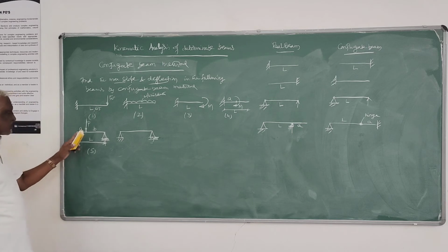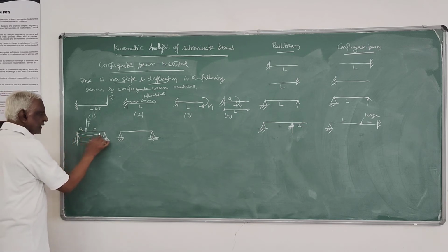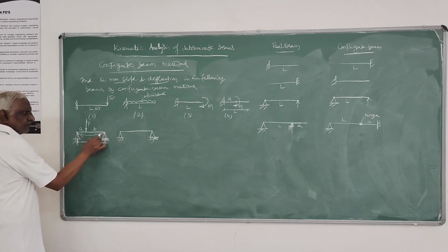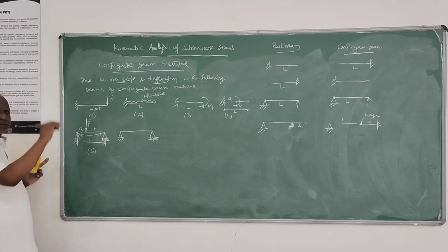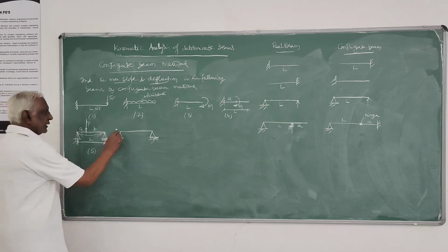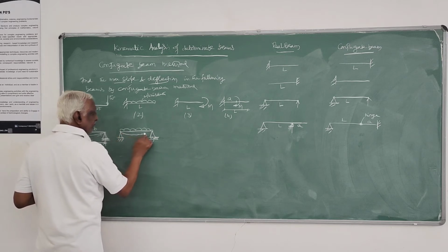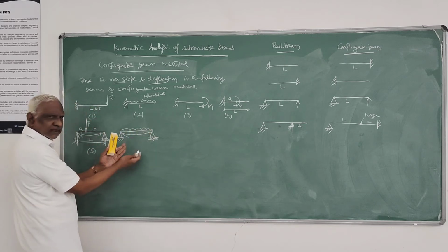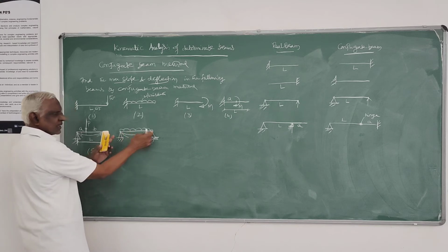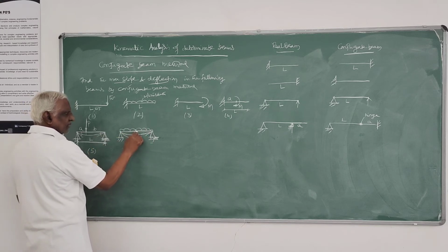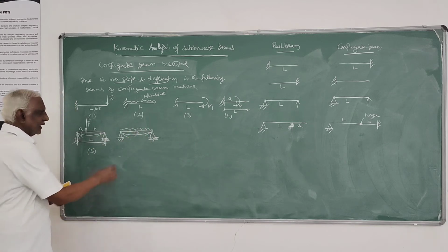Here the maximum slope occurs at the ends. Maximum deflection occurs at the center point. Here also, when UDL is there, because it will deflect like this, the maximum slope occurs at the ends and the maximum deflection occurs at the center.